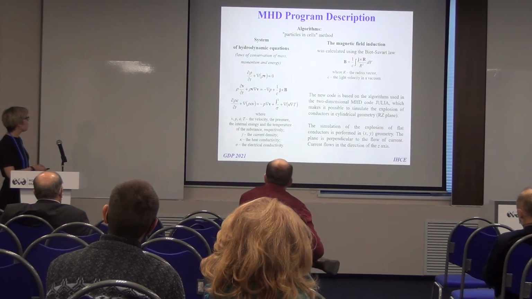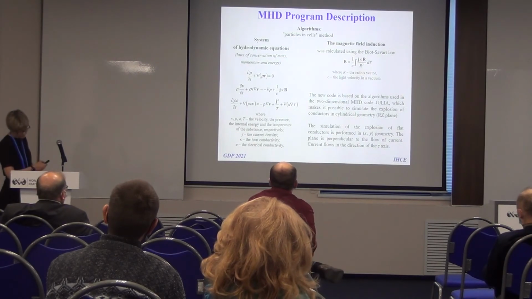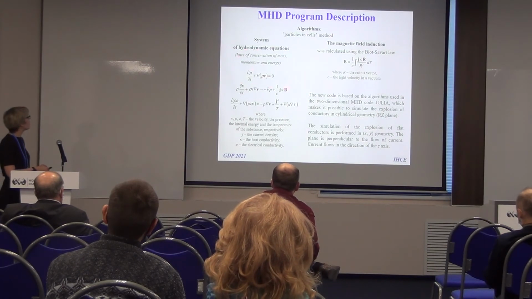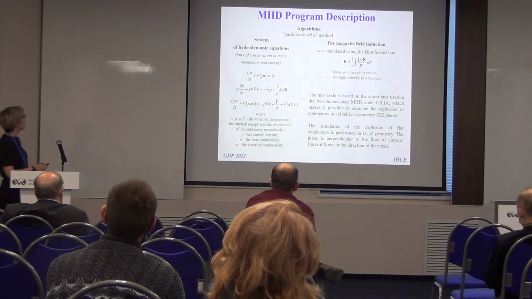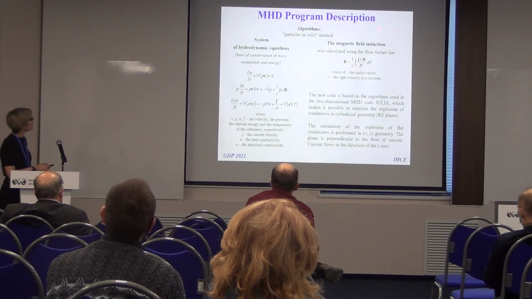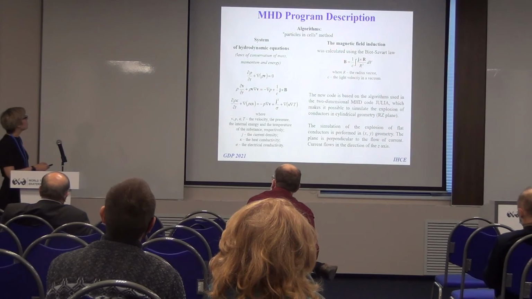The system of hydrodynamic equations used in the code consists of the laws of conservation of mass, momentum and energy. And the magnetic field induction was calculated using this law.